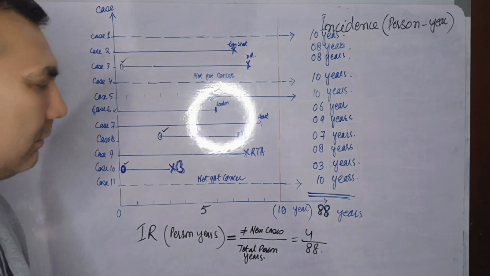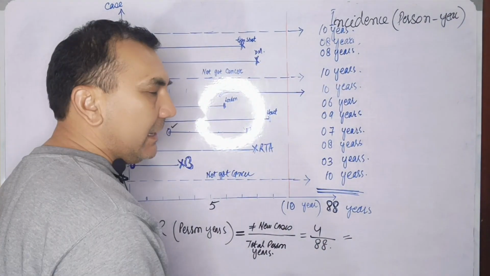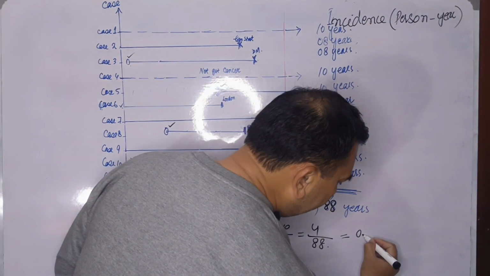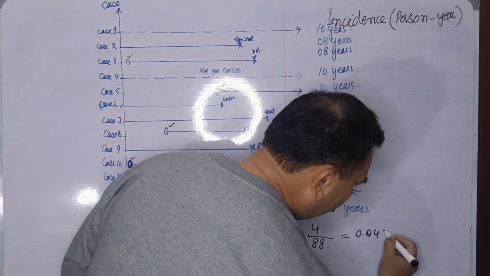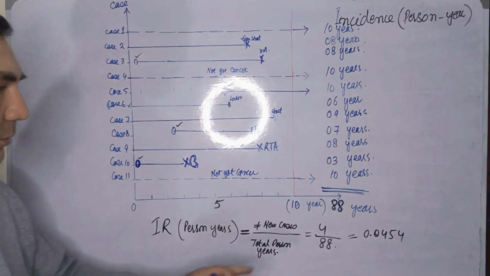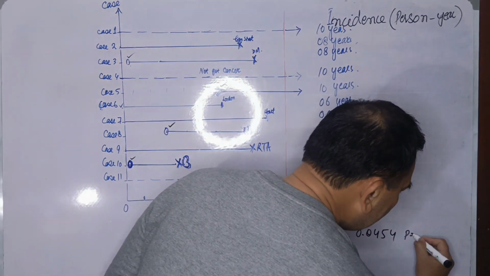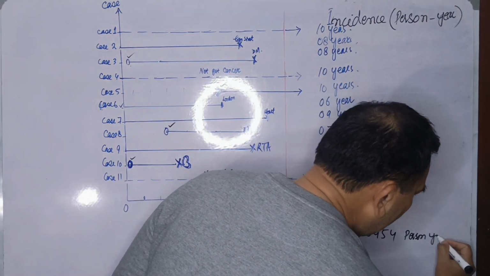Now we will divide the 4 by the 88. It will come up with 0.0454. So 0.045 is the incidence per person years.